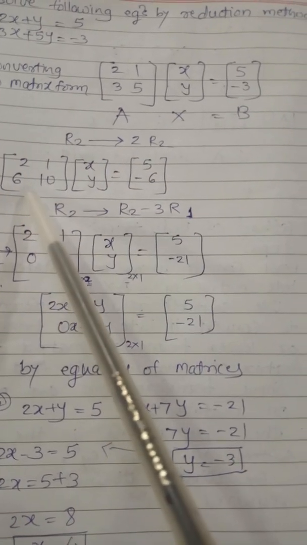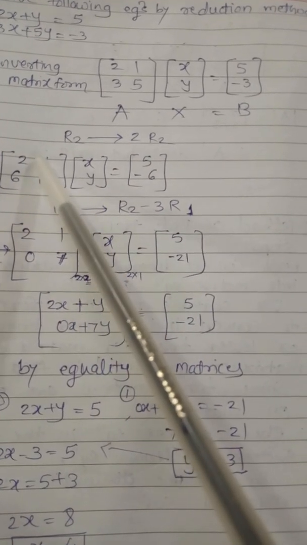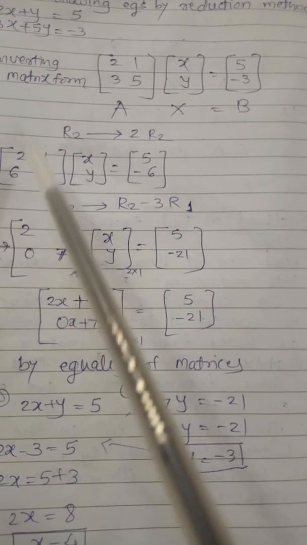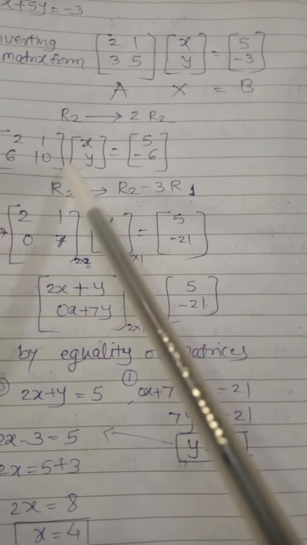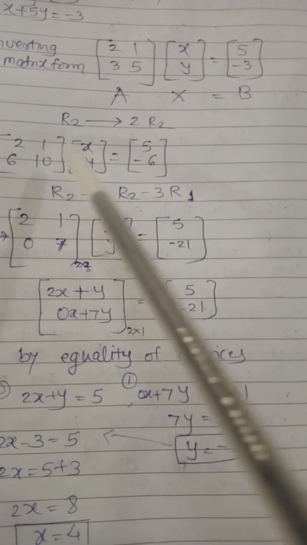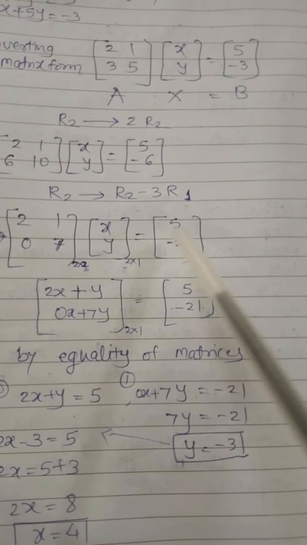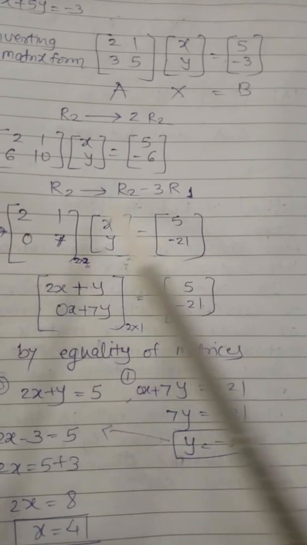We have to subtract 3 times R1 from R2. Thrice R1 is 3 twos are 6, 6 minus 6 we get 0. Similarly we make the changes here, and after that we get 7 and -21, and the R1 row is as it is.